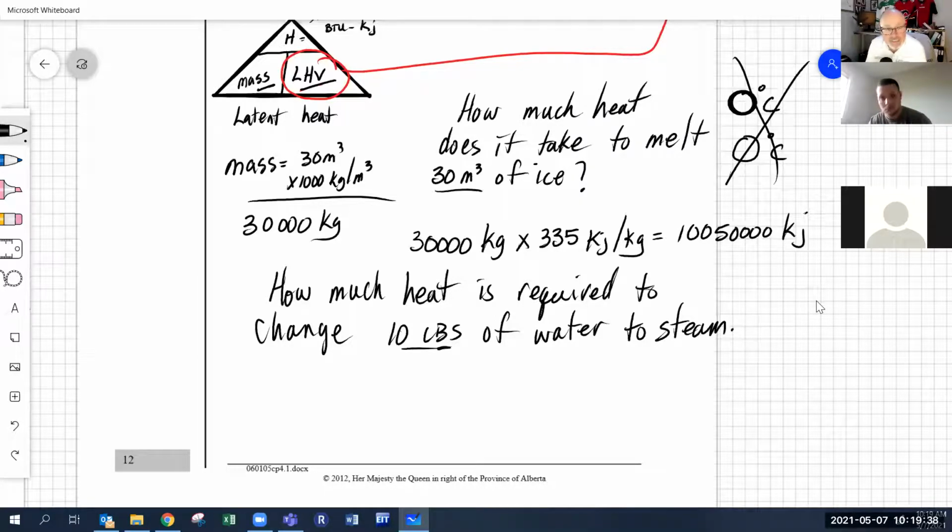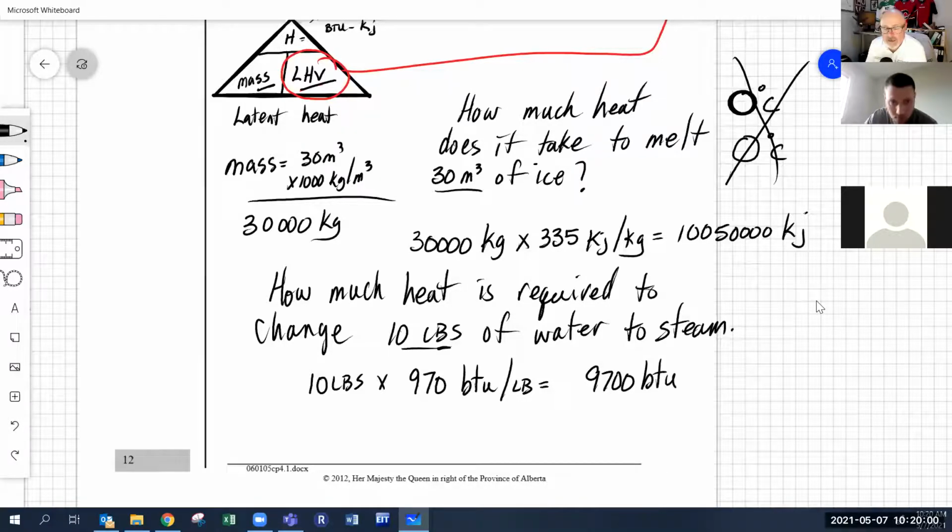So the formula says take your mass, 10 pounds, and multiply that by the latent heat of vaporization, which is 970 BTUs per pound. It takes 9,700 BTUs to take that 10 pounds of water and put it to steam. To boil it to steam.